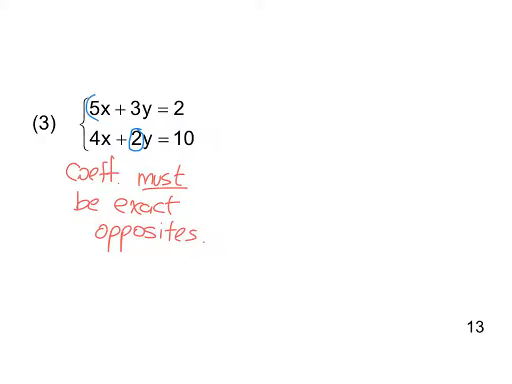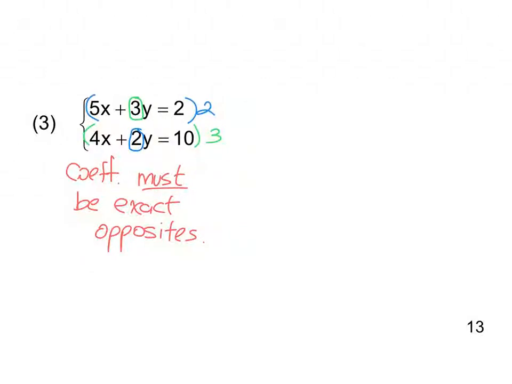So I'm going to multiply the first equation by 2. Then I'm going to multiply the second equation by the first equation's coefficient. Now that's going to make these values both 6. Are they opposites? No, one of them's got to be negative.